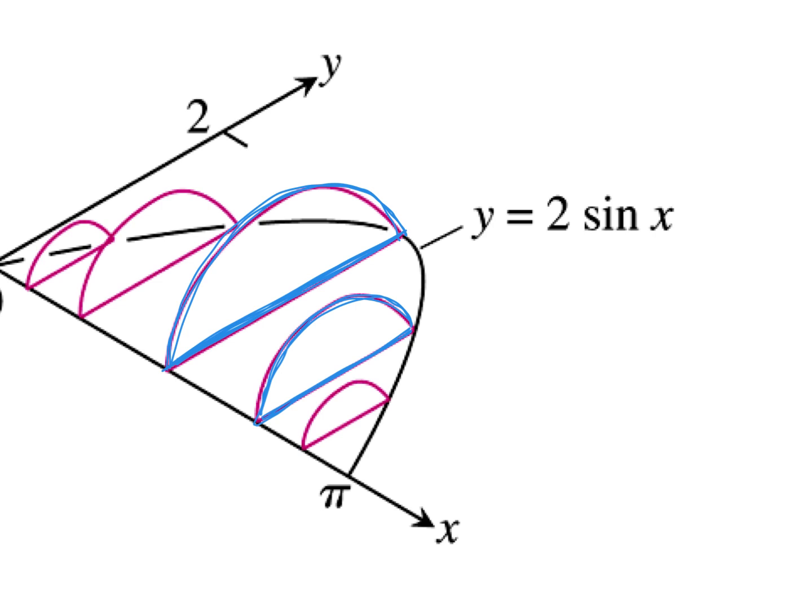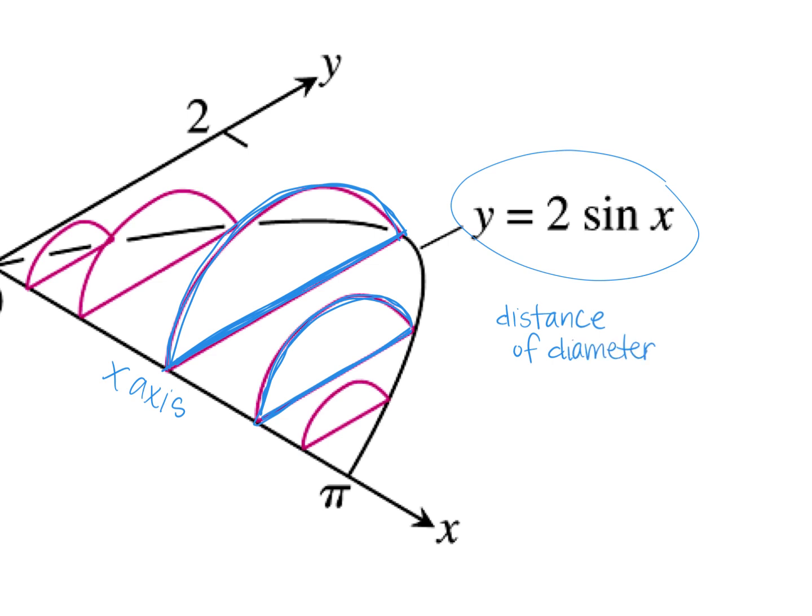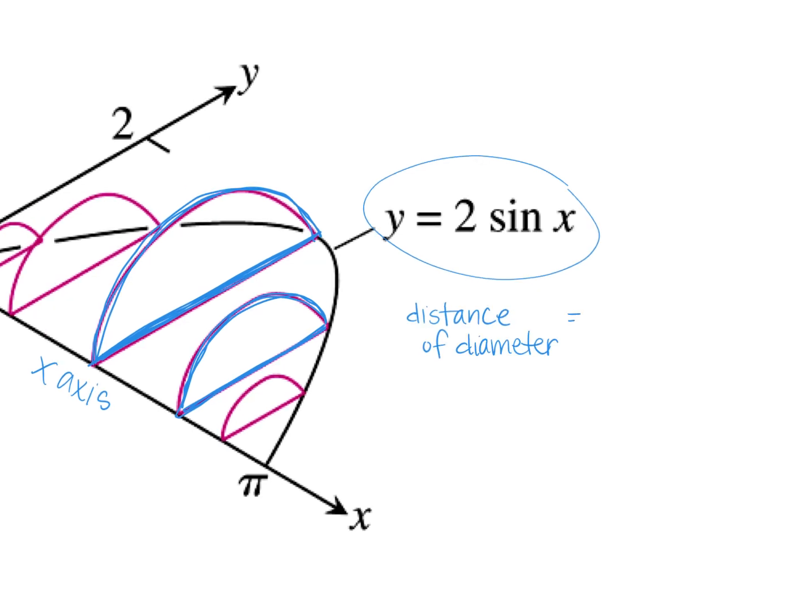And we just did how to do distance. So we have the x-axis down here to the function, which is 2 sine x. So the distance of the diameter. And we just did x2 minus x1, or whatever, the bigger one minus the smaller one. So what would you say is the distance of the diameter?